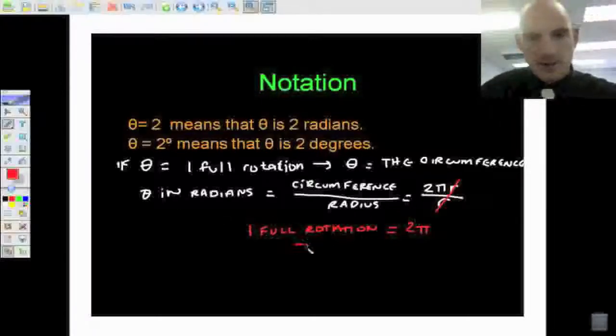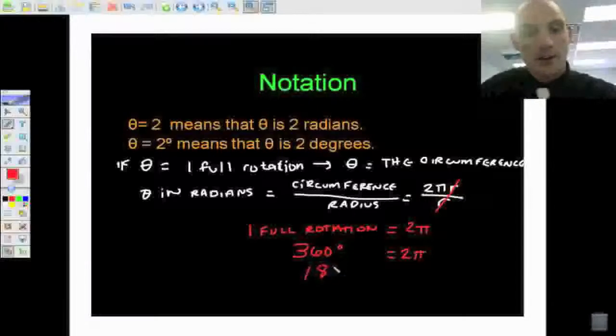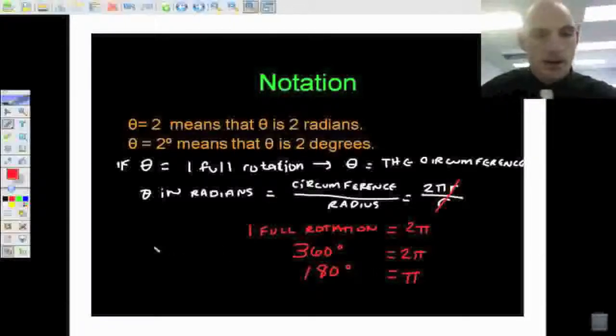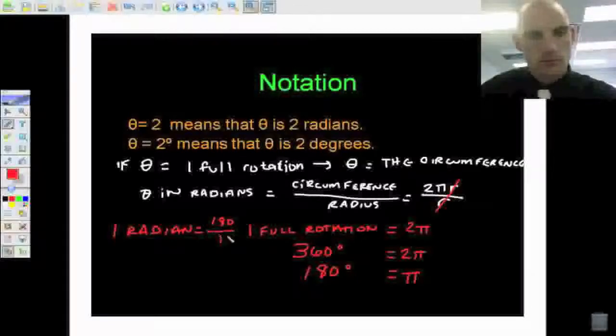So that means that 360 degrees equals 2 pi, which means 180 degrees is going to be equal to pi. That means that 1 radian is going to be equal to 180 over pi.